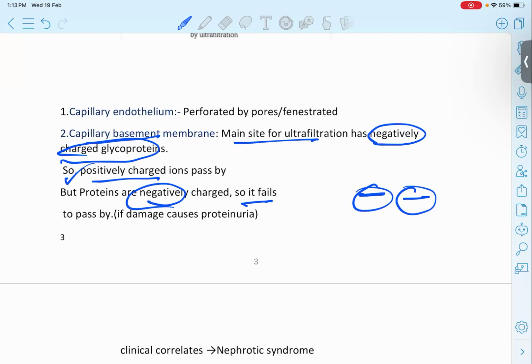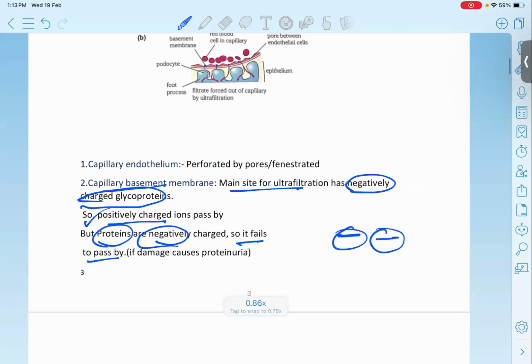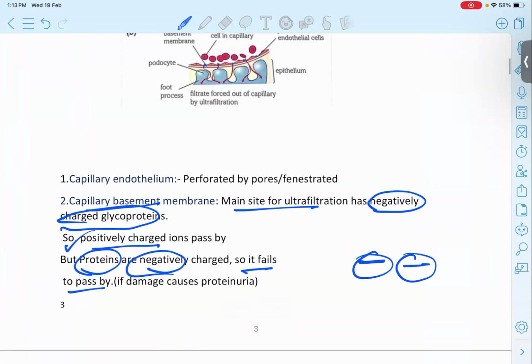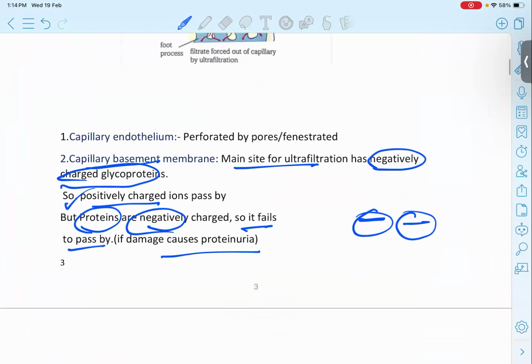We know that proteins are negatively charged, so protein cannot pass by. For a healthy nephron, protein cannot pass through this basement membrane. But if the basement membrane is damaged due to some condition like nephrotic syndrome or nephritic syndrome, only then can protein pass by, and in that situation we call it proteinuria.